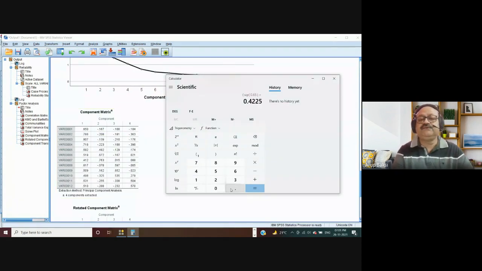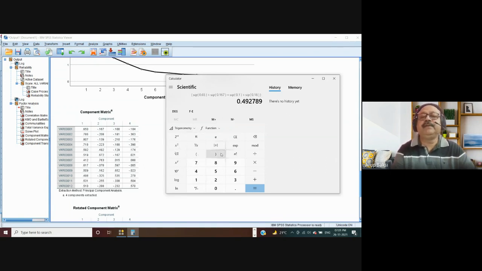It has a negative sign, but when I take the square it automatically becomes positive. 0.167 squared, plus 0.100 squared, plus 0.184 squared.